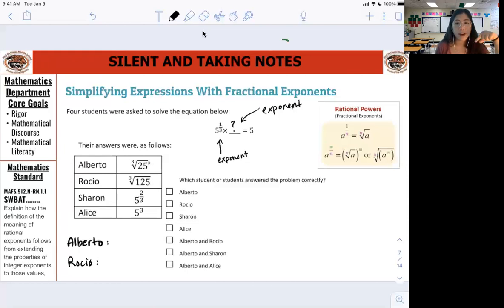So is 25 a perfect cube or is 125 a perfect cube? 25 is a perfect square, but not a perfect cube, right? So that one's not. What about Rocio? He is a perfect cube. Good. What is the cube root of 125? 5. Good.